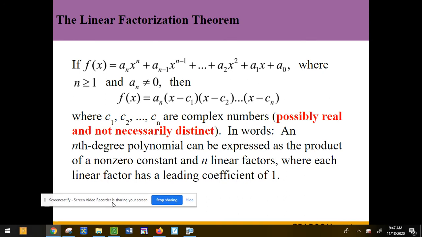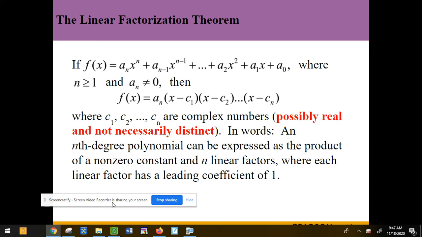The linear factorization theorem, a little complicated to look at, but I'll just break it down a little more simply. But basically what it's saying is, if you have whatever the polynomial function is, you can break it down into the amount of linear terms that are going to get multiplied together as the degree.